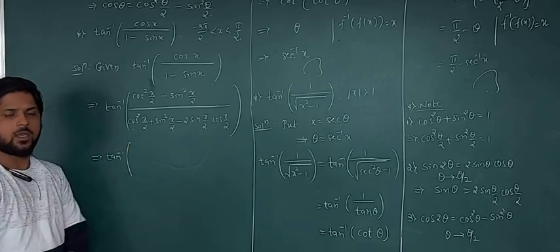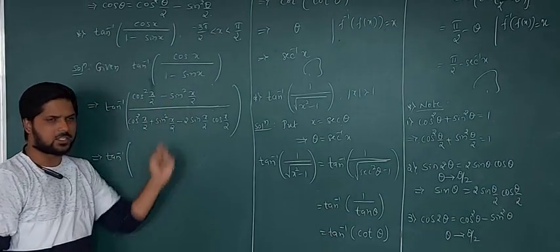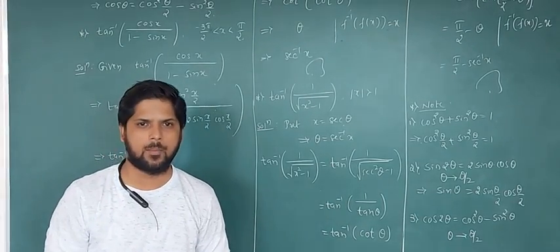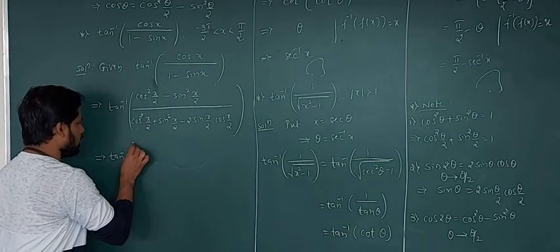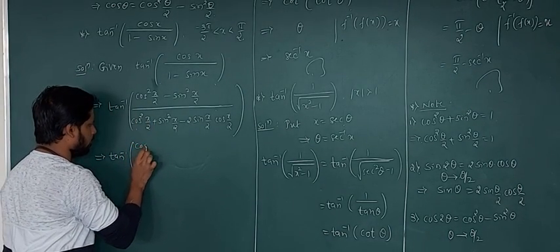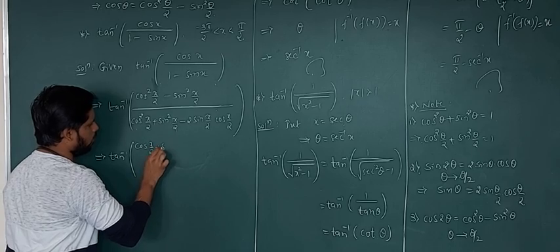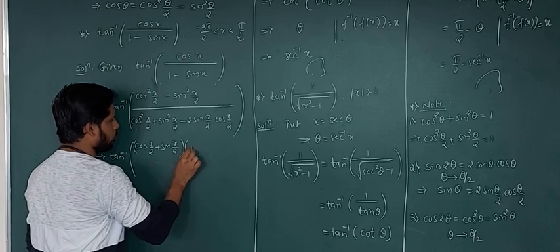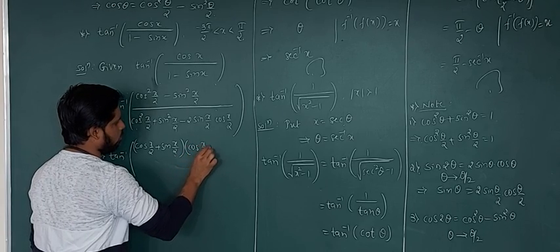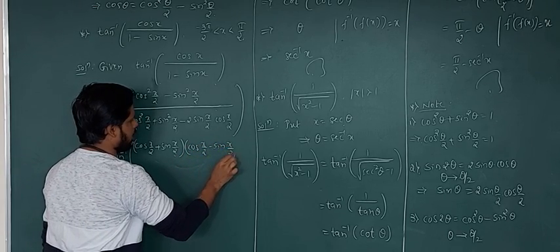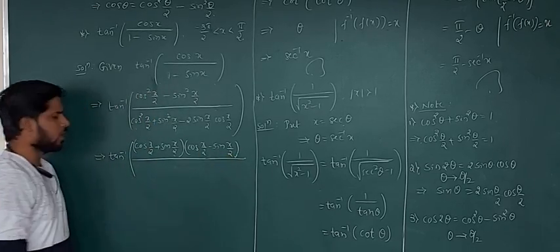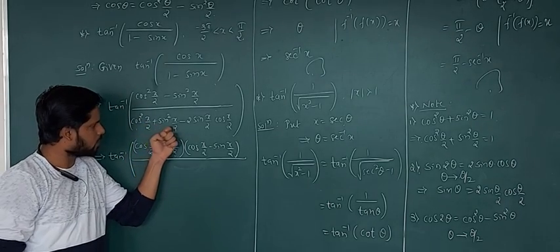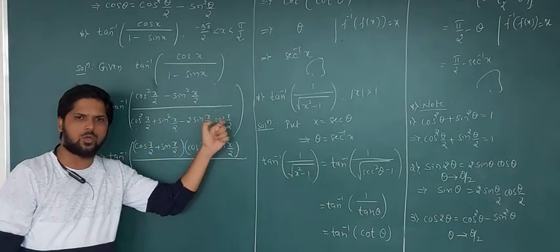Tan inverse of: here cos square x by 2 minus sin square x by 2. We know the a square minus b square formula, a plus b into a minus b. So this can be written as cos x by 2 plus sin x by 2 into cos x by 2 minus sin x by 2, whole divided by, observe the denominator, cos square x by 2 plus sin square x by 2 minus 2 sin x by 2 into cos x by 2.